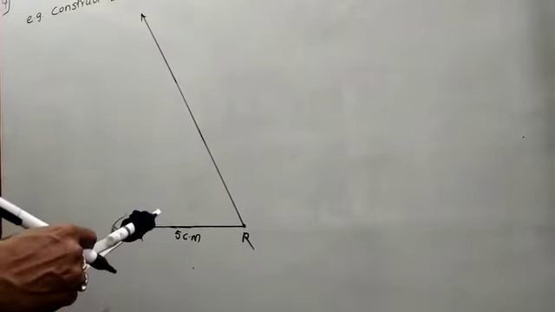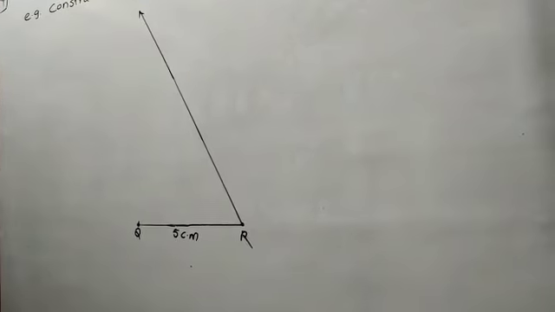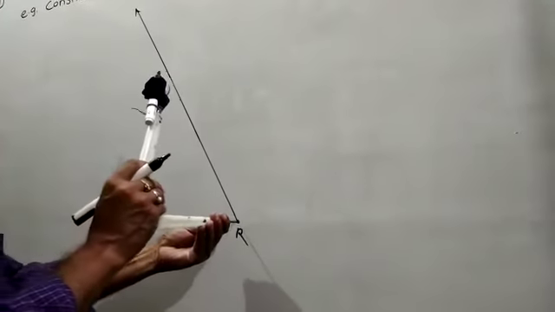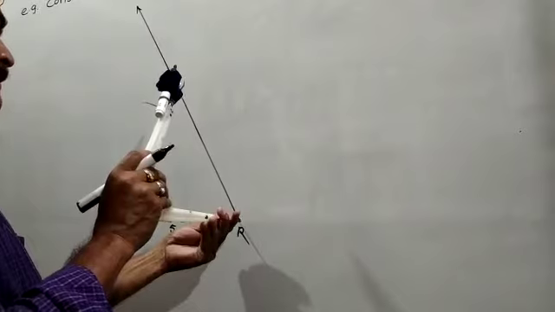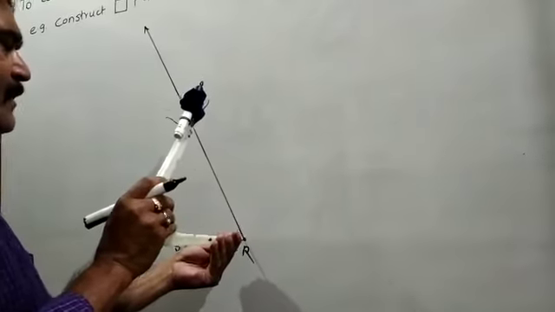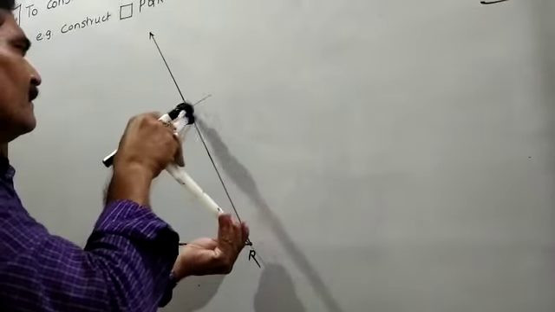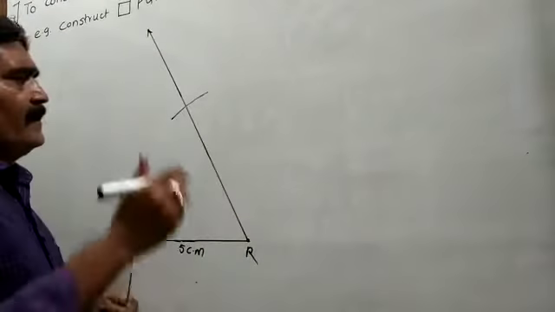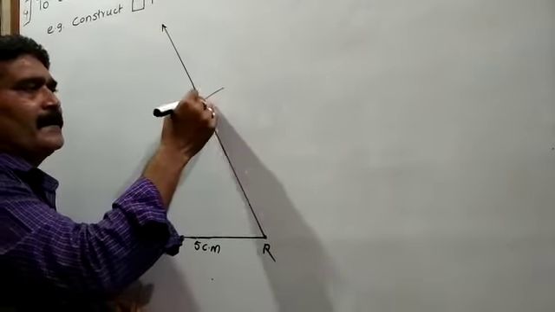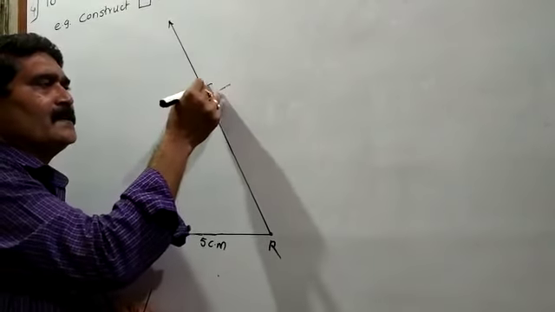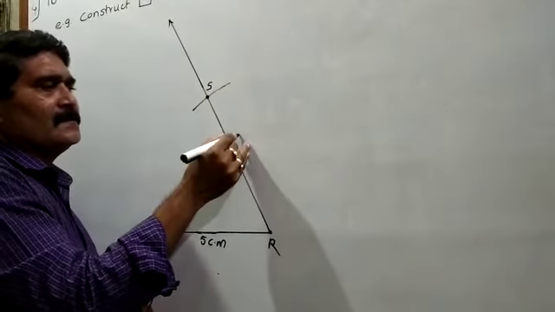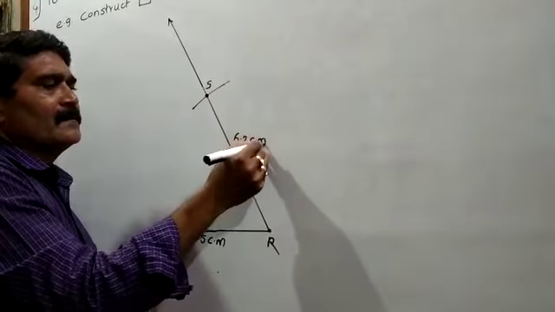I will take the distance of 6.2 centimeter here, and I will make the arc while keeping the pointer of the compass on R. This arc will intersect this ray. That point is S, and this is the 6.2 centimeter.